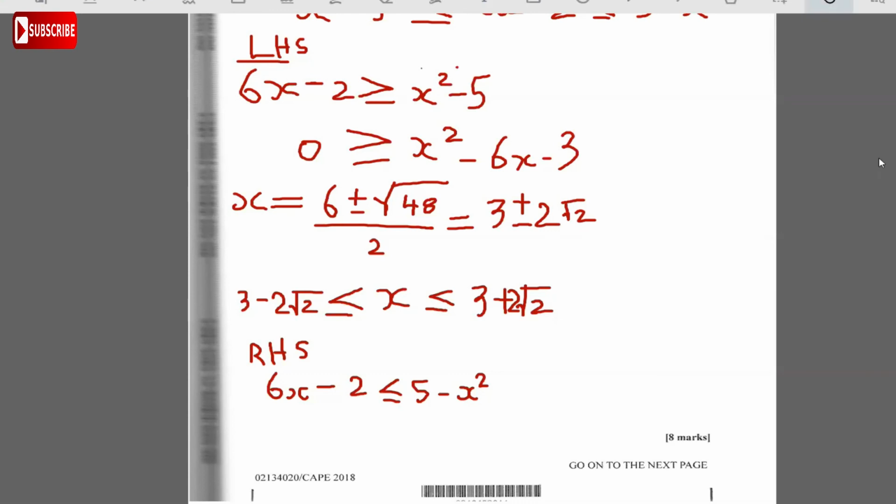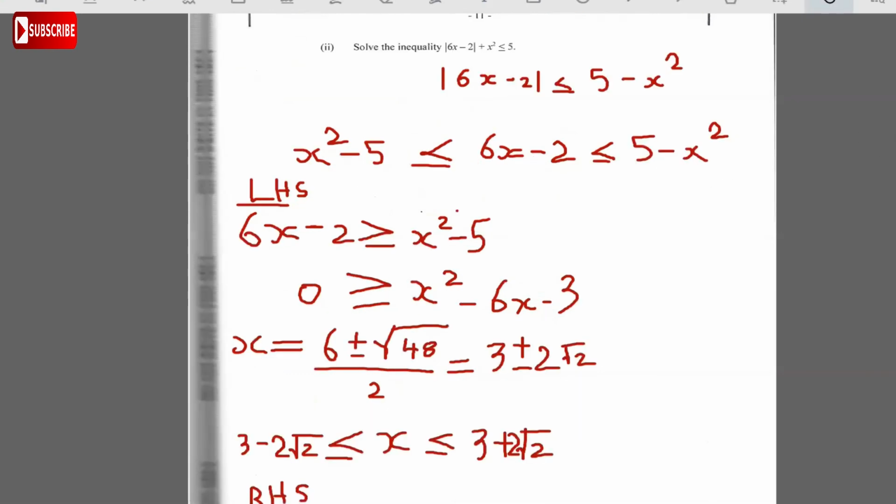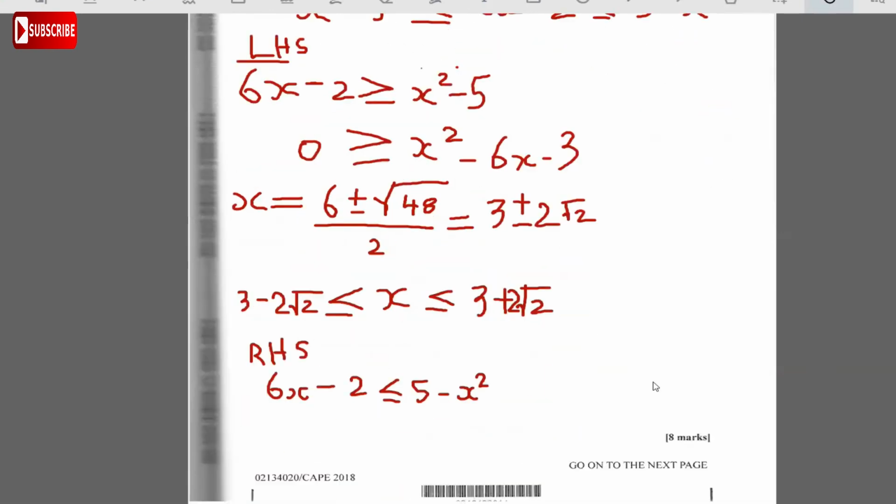Let's go again, the right-hand side: 6x minus 2 is less than 5 minus x squared. Bringing over this, I would get x squared plus 6x minus 7 is less than or equal to 0.